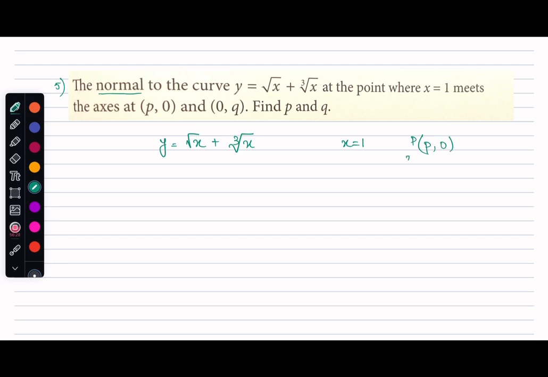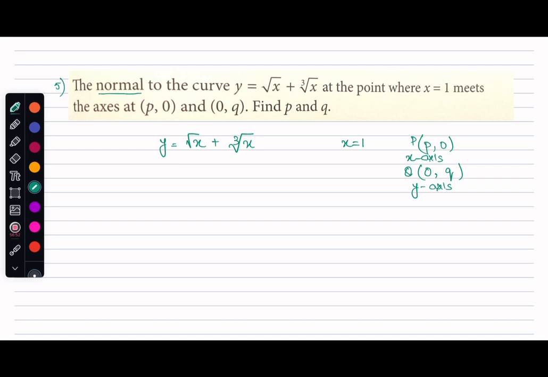That means this is going to be the x-axis, with y as 0. Then we have another point, Q, with x as 0 and y coordinate as Q. So they are talking about the y-axis, because on the y-axis our x is 0. We are supposed to find the values of P and Q.